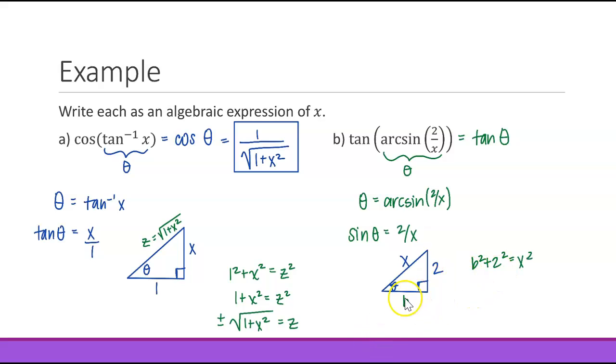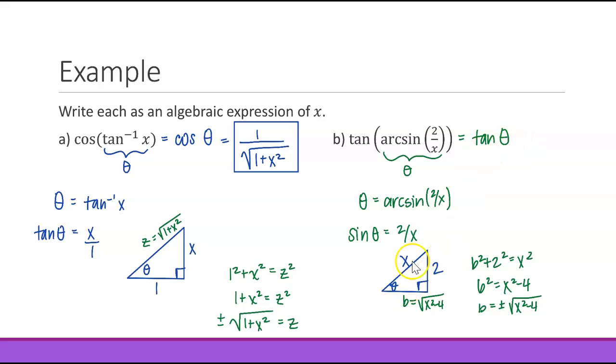And then we have to remember what we're searching for. We're searching for b. So I'm going to subtract the 4 to the other side. b squared equals x squared minus 4. So b is plus or minus the square root of x squared minus 4. We're going to take that side length to be positive, the square root of x squared minus 4.